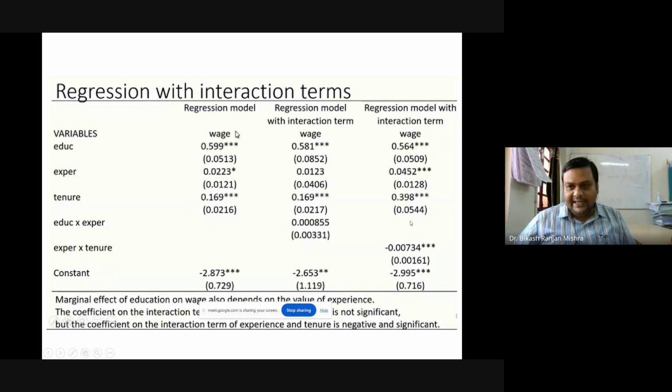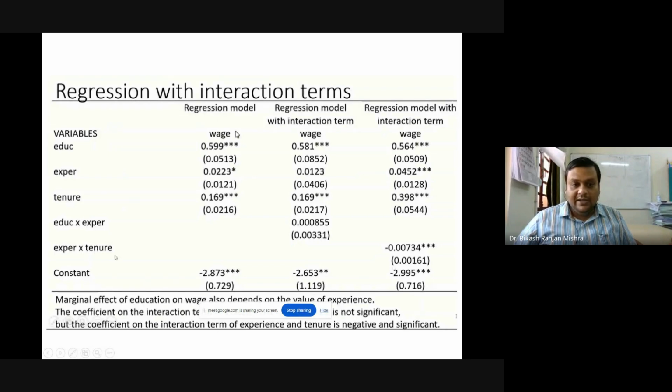Like over here, as you can see, instead of going for the education and experience interaction term, when you go for experience with tenure, then it is found to be not only individually significant, but also jointly significant. But here also there is another point of problem. Individually, they are positively significant, as in the first case, but the interaction term is found to be negative.